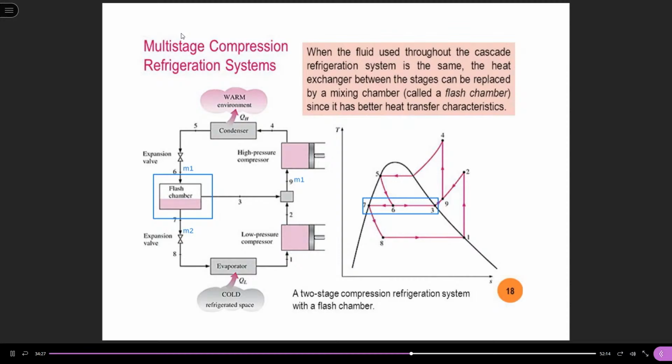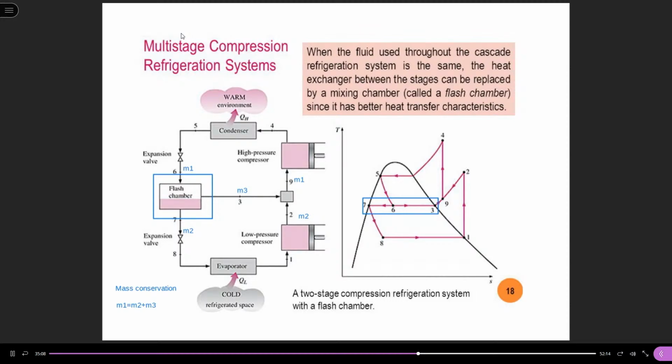So we can see the relationship between them. First, let's see the mass flow rate relationship. From here, for the mass conservation, it shall be mass flow rate 1 equal to mass flow rate 2 plus mass flow rate 3. And then we can see this is a separation process.